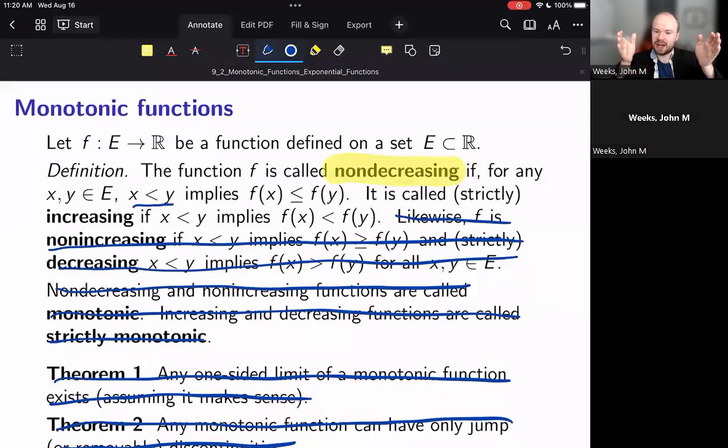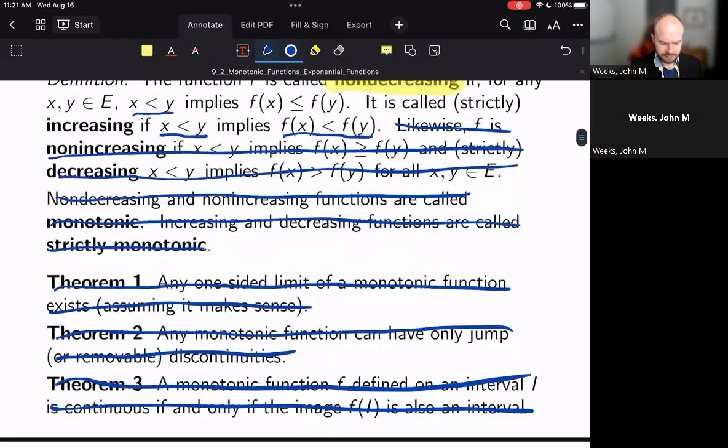So if x is less than y, f of x is less than or equal to f of y. Another way to write that is that f of x is not greater than f of y inside of its domain. Now, if whenever you increase the x value, the y value can only go up, it can't stay constant, then you would have something that is strictly increasing instead.